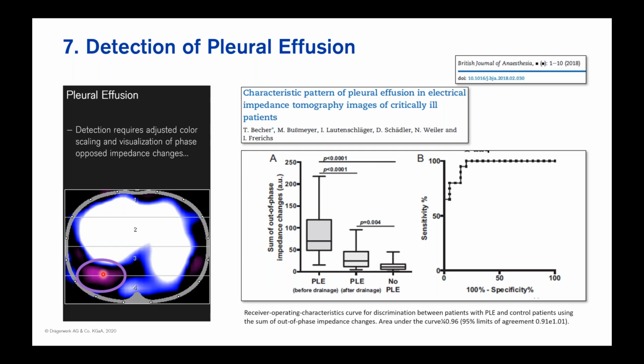And just to mention why this information is so relevant: if you consider doing a lung recruitment maneuver in these kinds of patients, you will probably see no success, because pleural effusion cannot be compressed or eliminated by a recruitment maneuver.